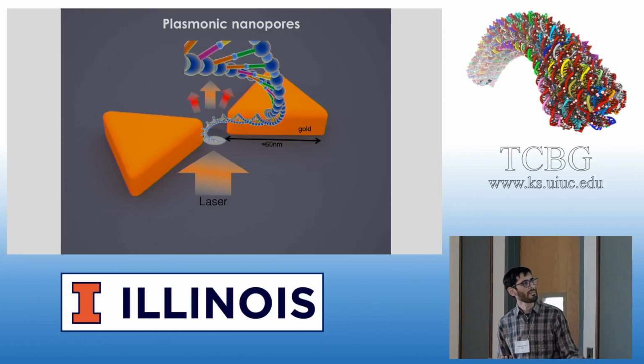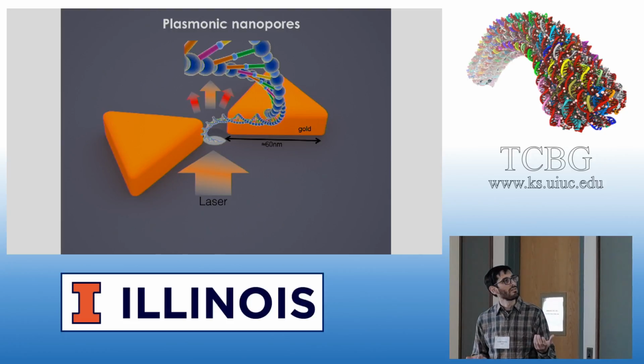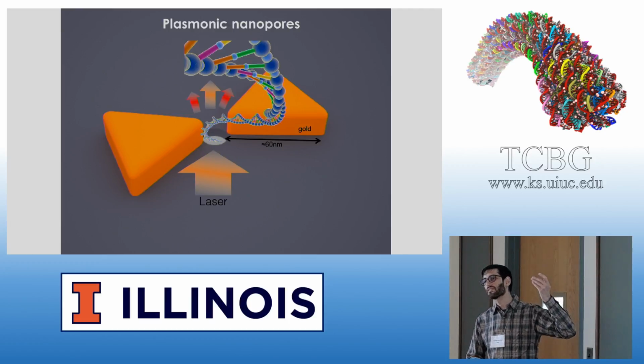So you might get trapping of the DNA, and because of the high intensity of the field, you might get what's called surface-enhanced Raman scattering. I might have that wrong. So you might actually be able to get an optical signal that tells you something about what's in the high intensity region of the plasmonic field.